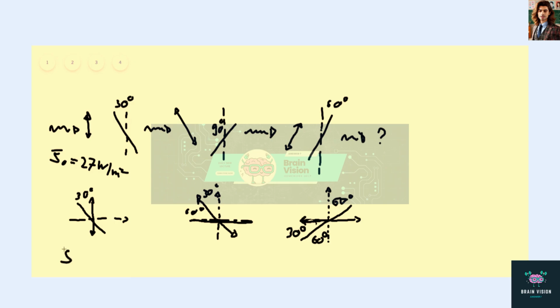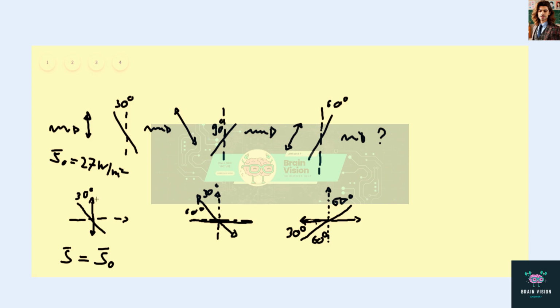And so let me just write what the end intensity is going to be. It's going to be the initial intensity times... So this is a cross section of what's happening here.